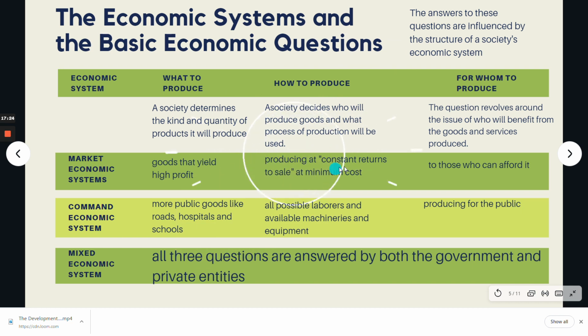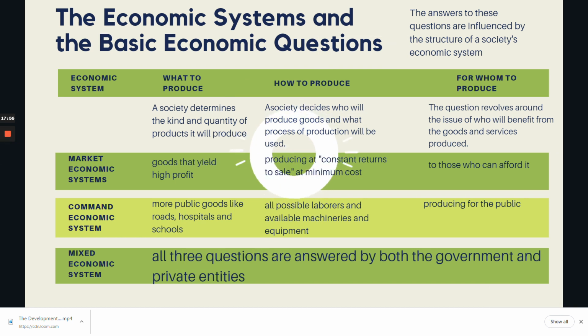How to produce? Dapat minimum cost siya with high return. Sa command economy or sa controlled part sa government, possible laborers and available machinery. So kung unsay naa mao na itong gamiton. For whom to produce? Of course, for the government, producing for the public; for the private entities, they will be producing for the people who can afford the product.